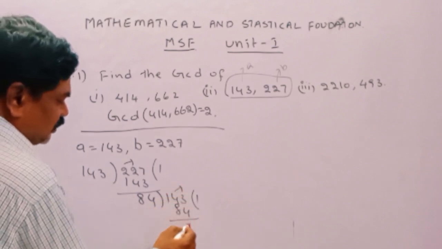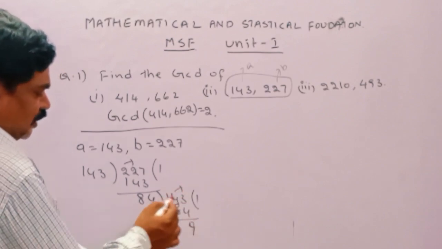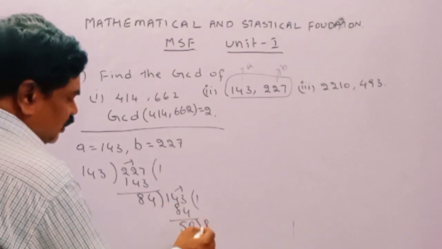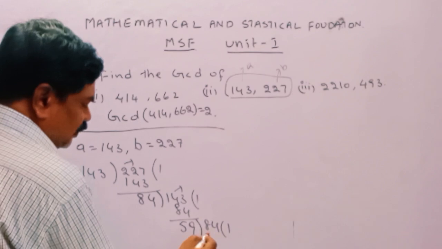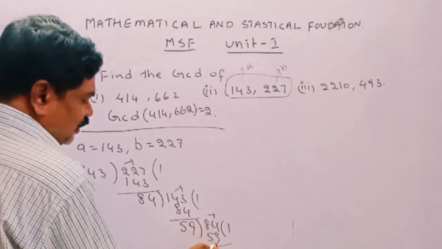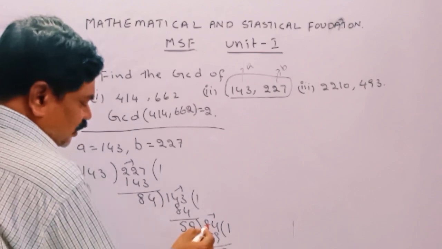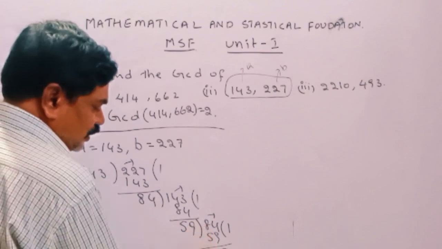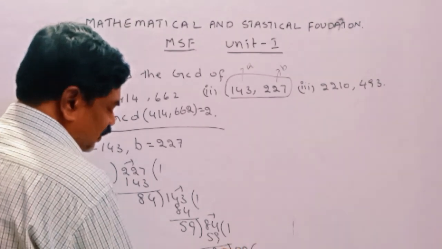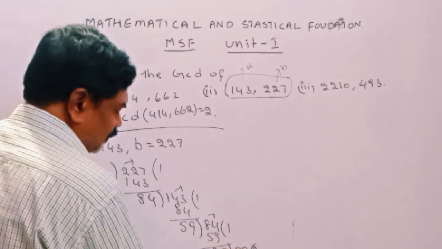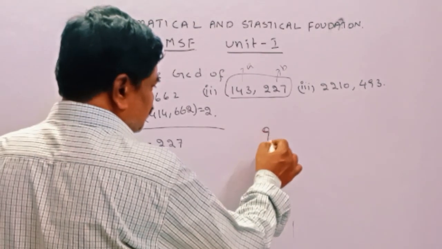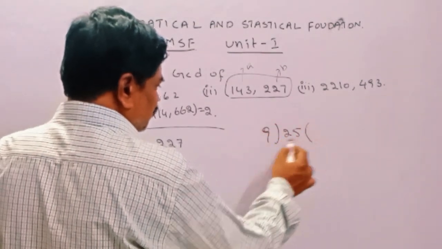Then divide 143 by 84: the quotient is 1, and the remainder is 59. Then 84 divided by 59: quotient 1, remainder 25. Then 59 divided by 25: 25 times 2 is 50, and the remainder is 9.